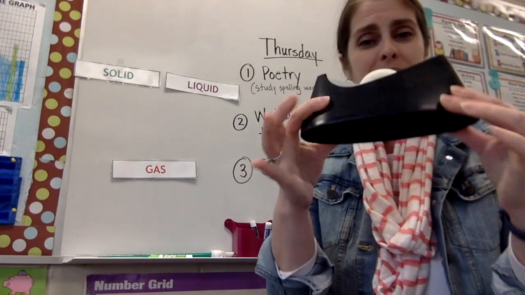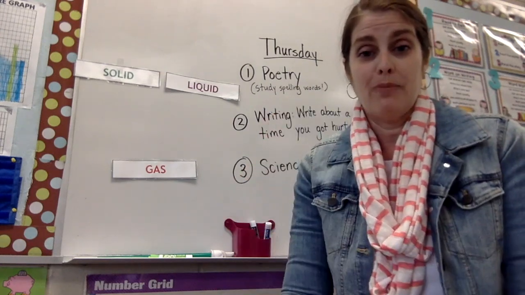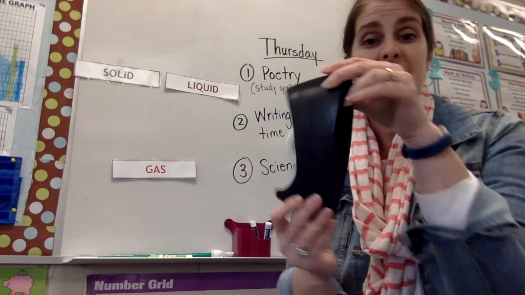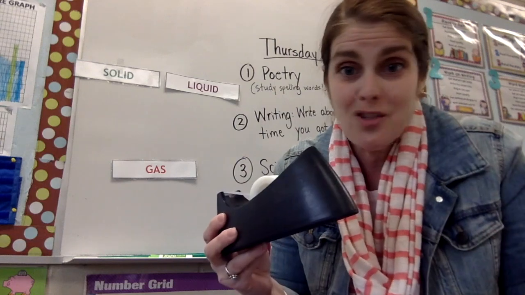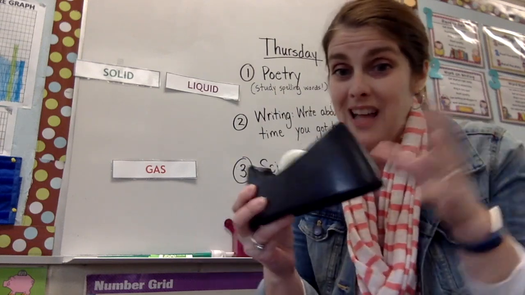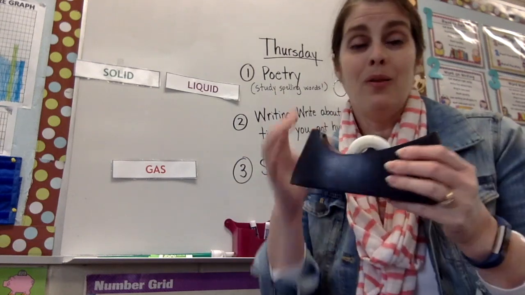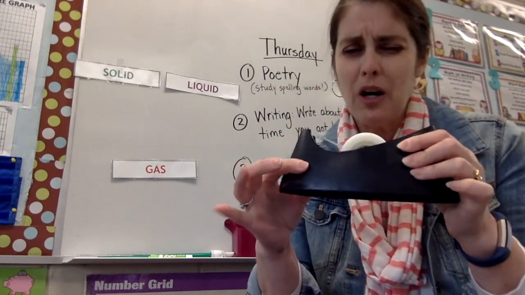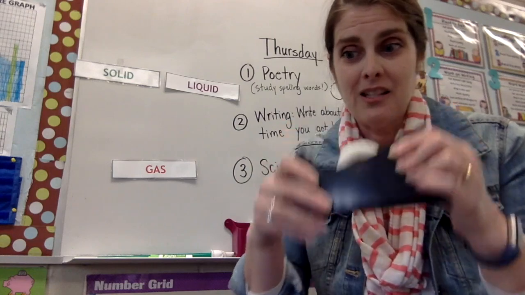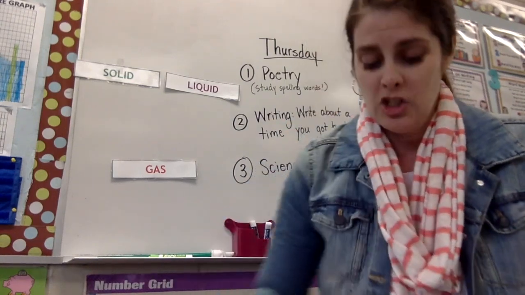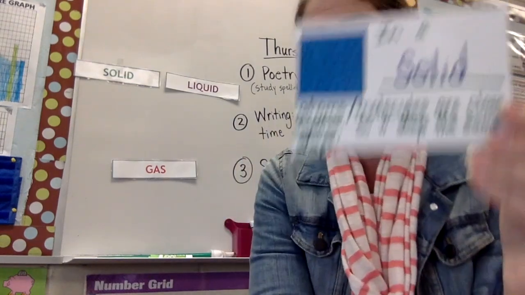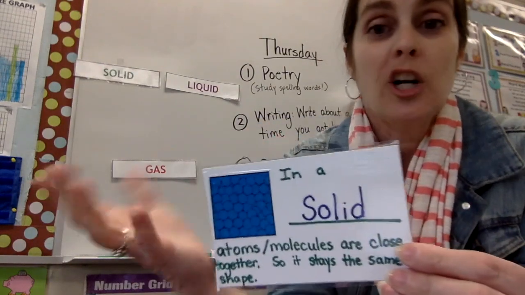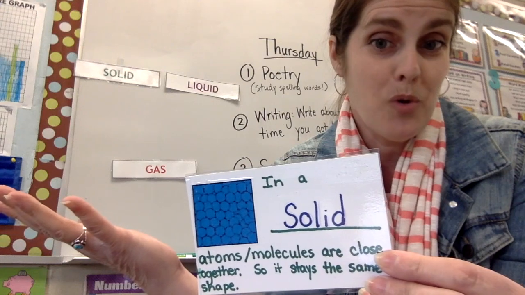So if I move it down onto my lap, or move it over here, or turn it this way, it still stays a tape dispenser. It doesn't change, right? It's solid. It stays this way. Now, I could change it if I broke it or something like this, but for the most part, it's going to stay this tape dispenser. So in a solid, all of the atoms or molecules are super close together, so it keeps its shape no matter where you move it.